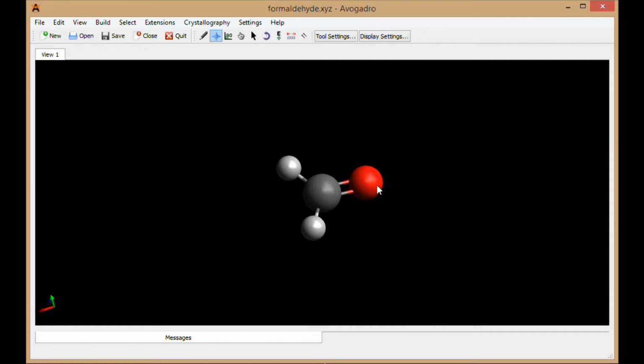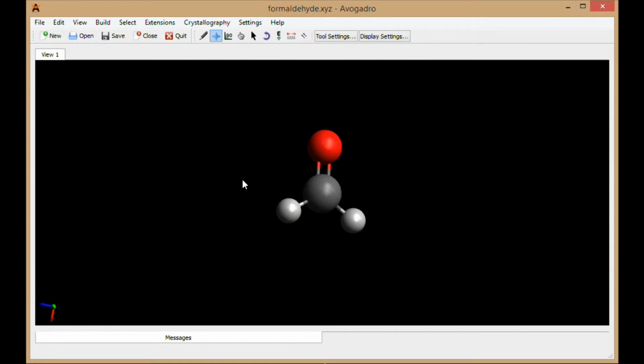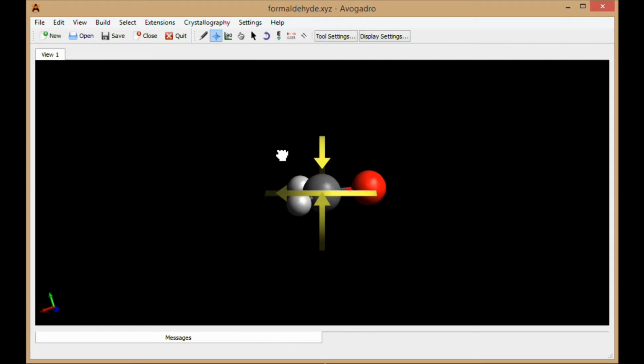Any 3 points define a plane, but 4 points do not necessarily need to be in a plane. So we can determine the extent to which a molecule is planar in a certain section by an out-of-plane angle. We could define a plane by these 3 atoms, the 2 hydrogens and carbon, and then figure out how much the bond vector of the CO bond is out of the HCH plane.